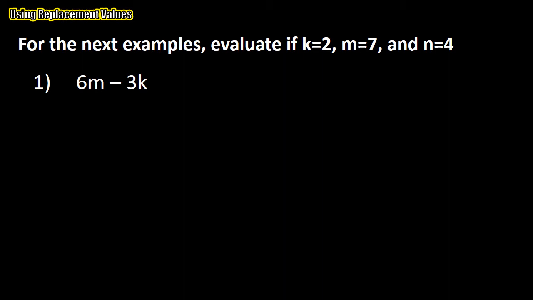We have number 1, 6m minus 3k. We're given some information. We're going to evaluate if k is equal to 2, m is equal to 7, and n is equal to 4. The first step is to rewrite this using the replacement values. M is 7, so I have 6 times 7 minus 3 times 2.